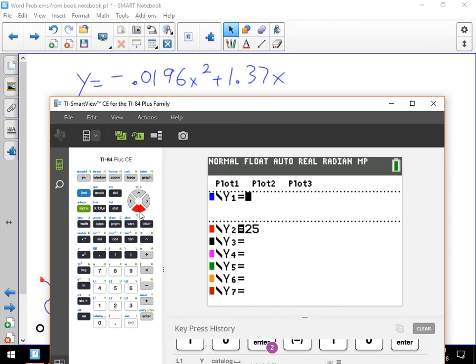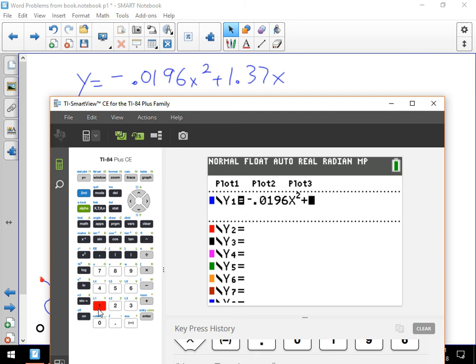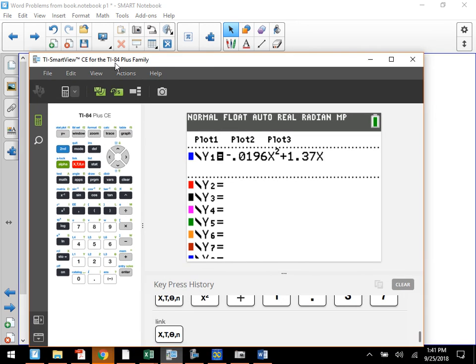Let me back out these real quick. And we have negative 0.0196x squared plus 1.37x. And we have to throw it in there, and then we have to learn how to adjust windows.